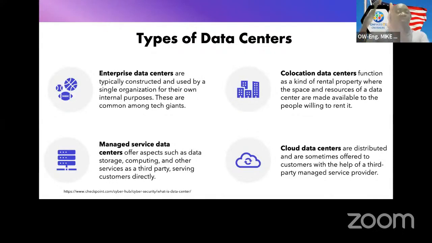So company number B is being contracted by company number C to provide or to store their data. So company B will go get the data from company C and bring it all over to the data storage and store it.